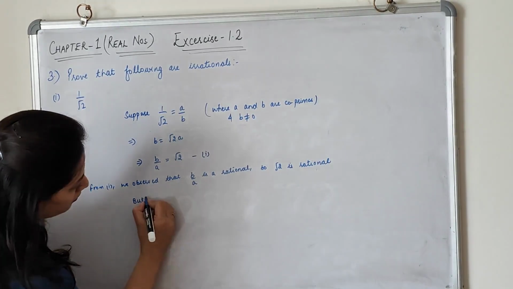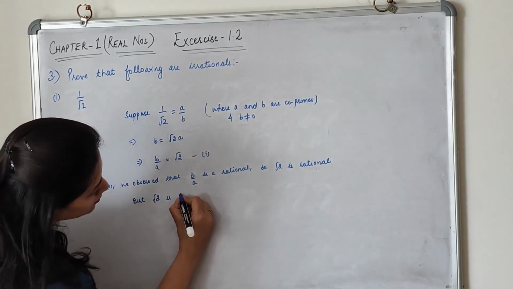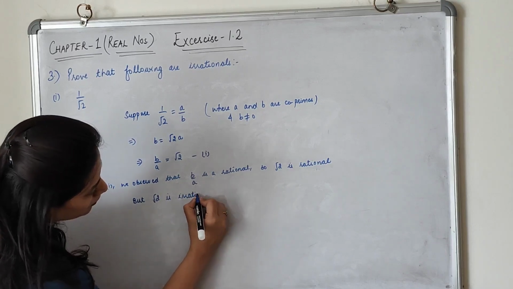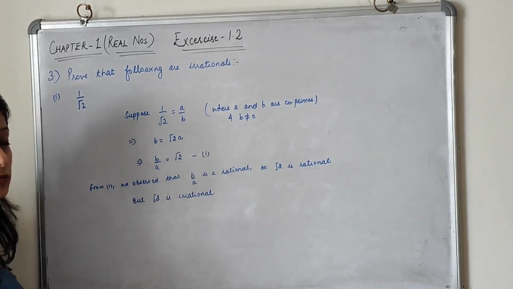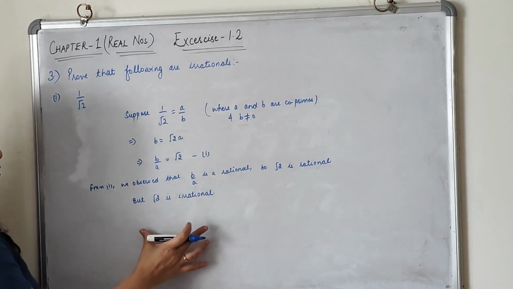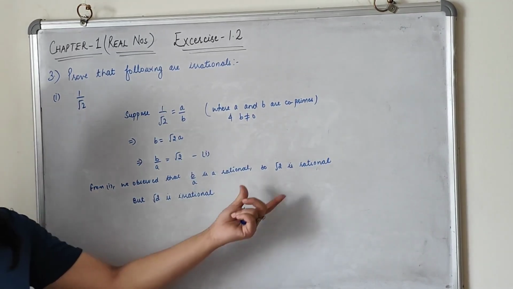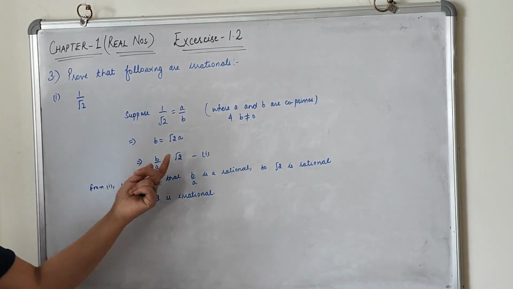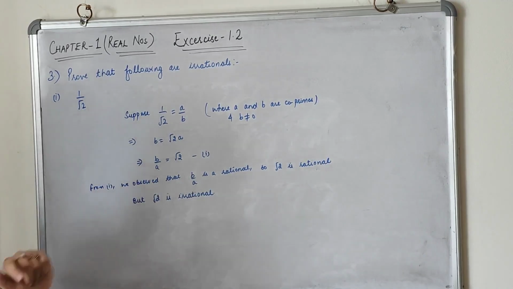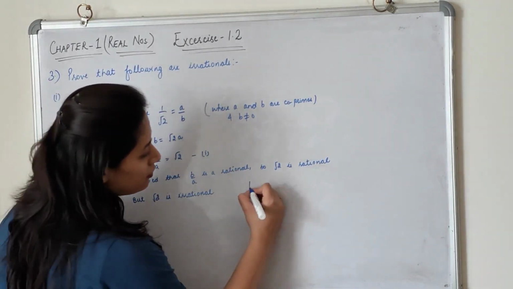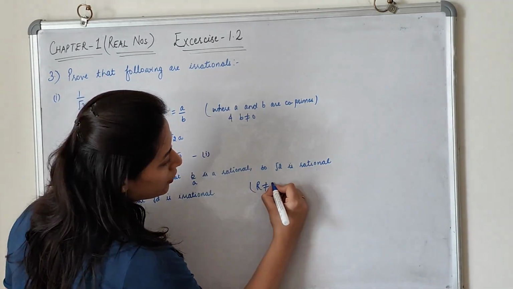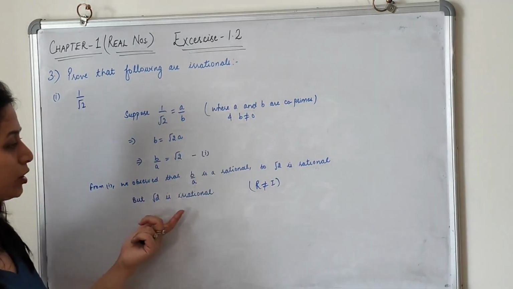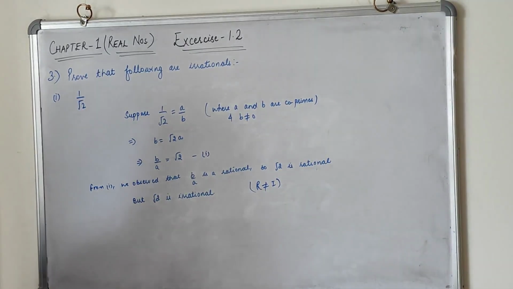But root 2 is irrational. So here is a contradiction. B by A is rational, therefore root 2 is also rational, and a rational number cannot be equal to an irrational number because root 2 is irrational.